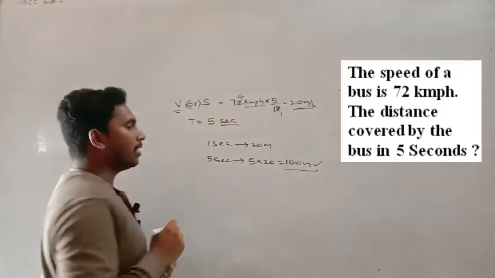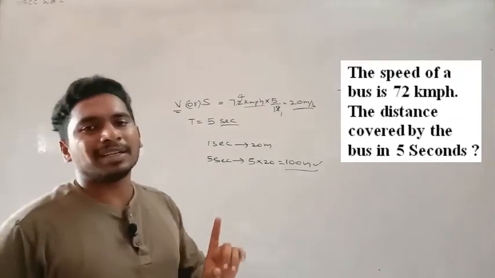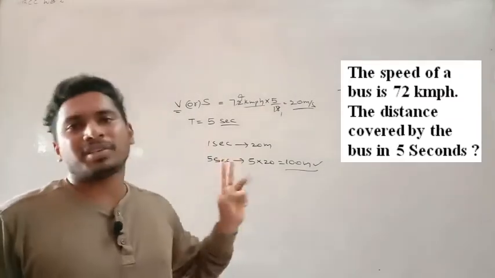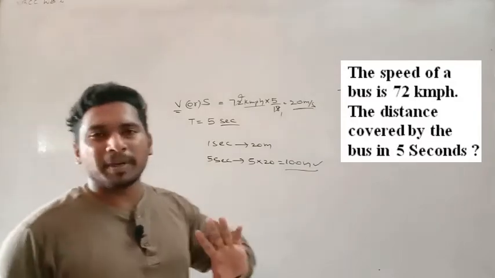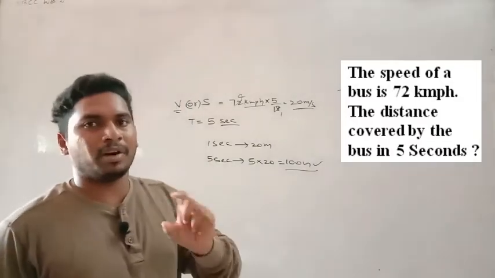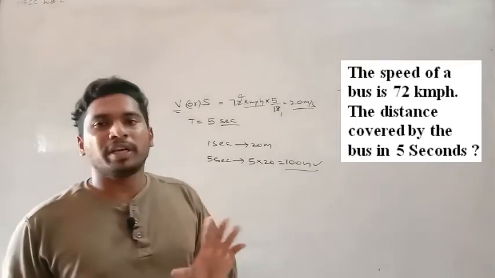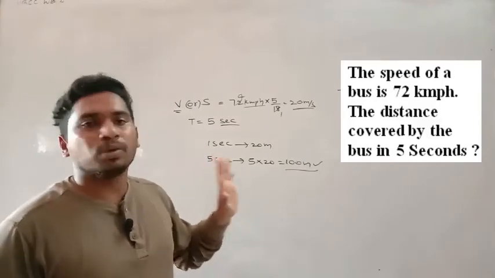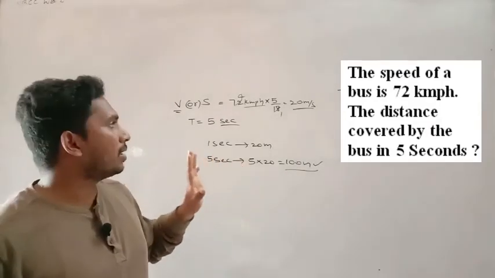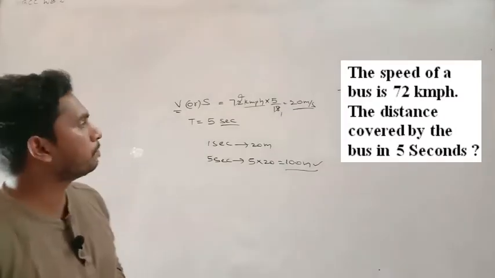That will be your answer. It is as simple as that. Out of velocity, distance and time, only two will be given and you will be asked to find the remaining one, and you have to make sure you do the conversions correctly. Everything is very easy.